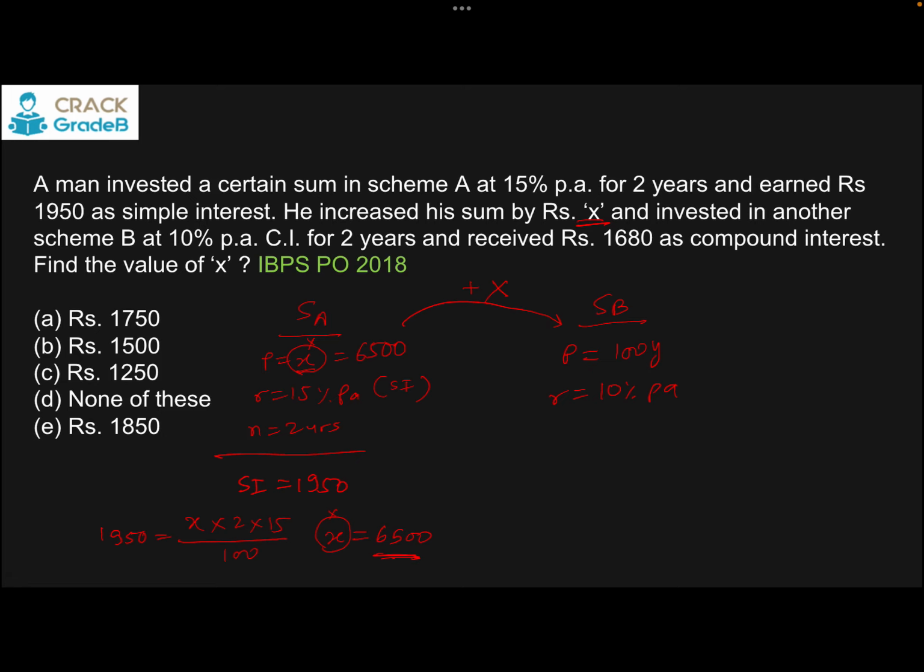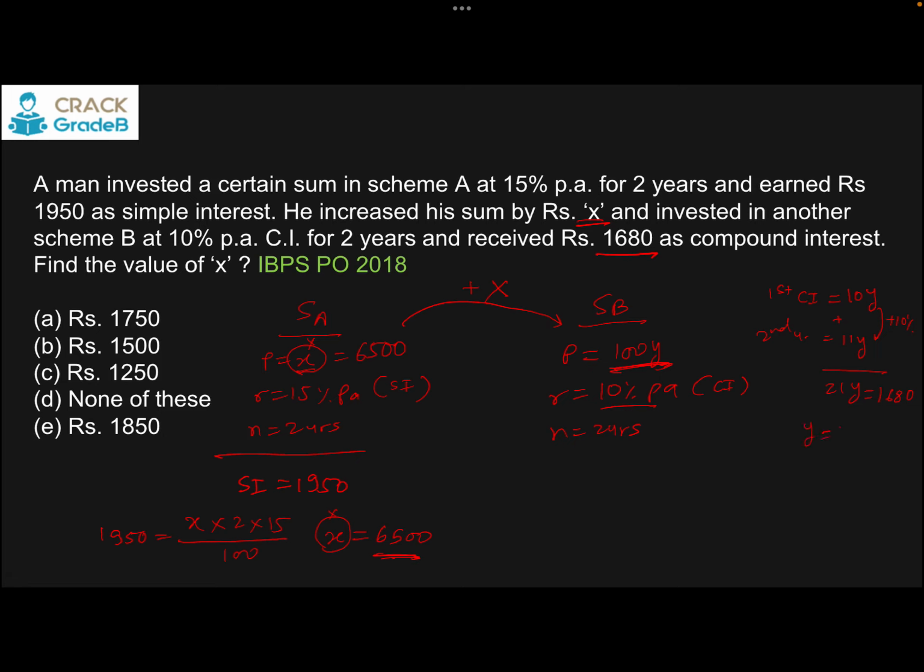Here the rate of interest is 10% per annum under compound interest, and number of years are 2 years. And if we are receiving 1680, so first year compound interest is going to be 10% of this principal, which is 10y, and for the second year we just have to increase it by r percent, which is 10%, and it will now become 11y. So together we are getting 21y as the interest, which is given as 1680.